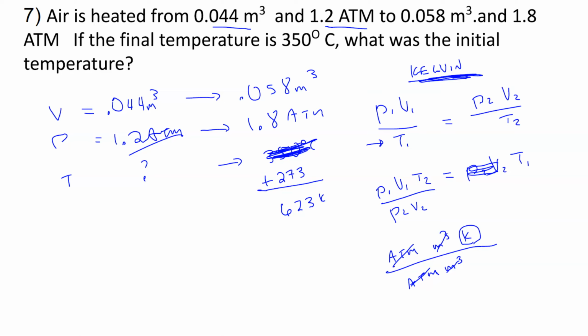Okay, so even if these were liters, it would be okay to leave it in liters and do it. Sometimes, you just got to watch the units, and you're always safe in cubic meters and pascals. If you have any questions, just put it in pascals and in cubic meters. But you can do this kind of thing. Say, would it be all right to just take the easy route and not change them? In this case, the answer is yes.